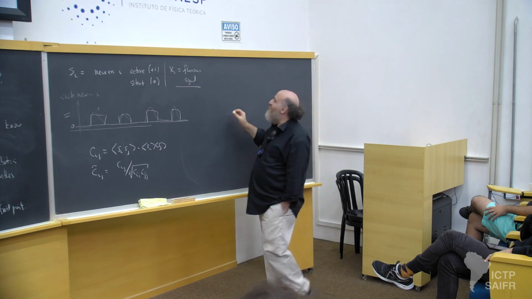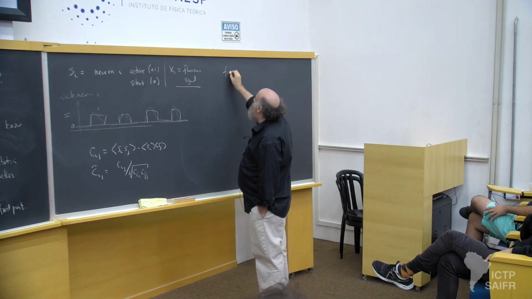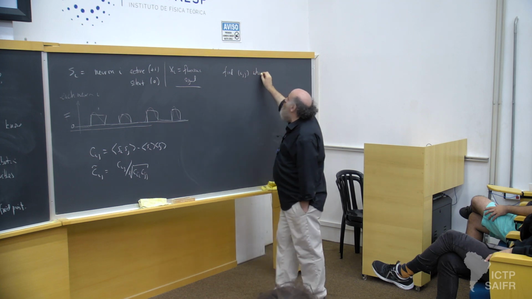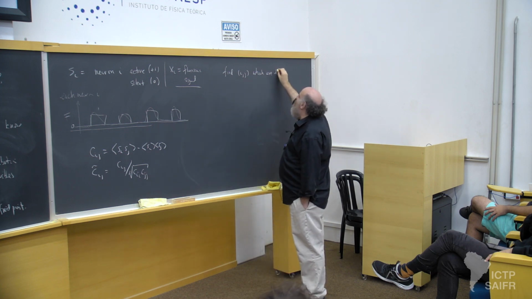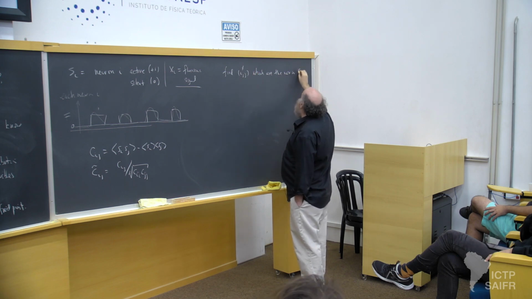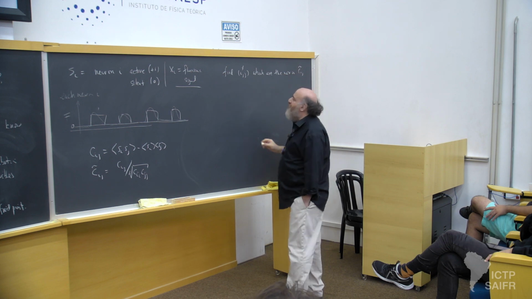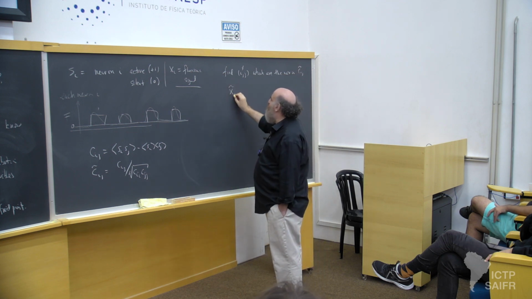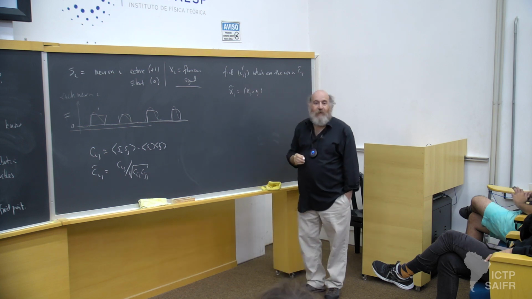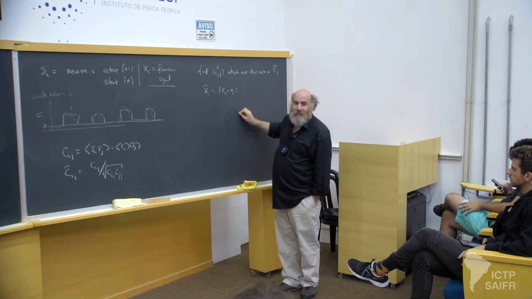So what I can do is to say I find i and j, i not equal to j, which are the maximum in C tilde ij. And then I construct a new xi, which is xi plus xj. And then I keep doing this, right?